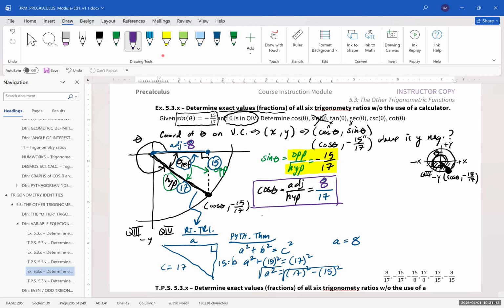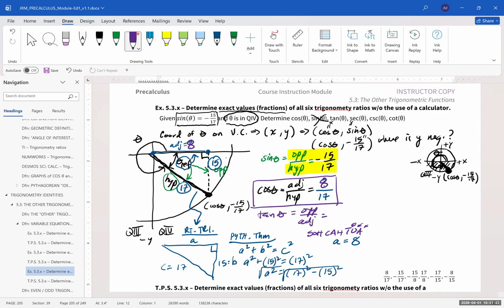So now let's calculate tangent theta. If you think about SOHCAHTOA, which is what I've been doing, let me draw this a little bit better. Tangent is opposite over adjacent.